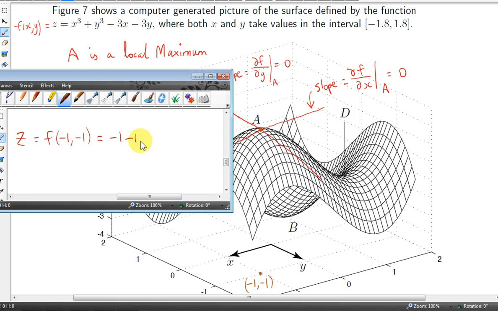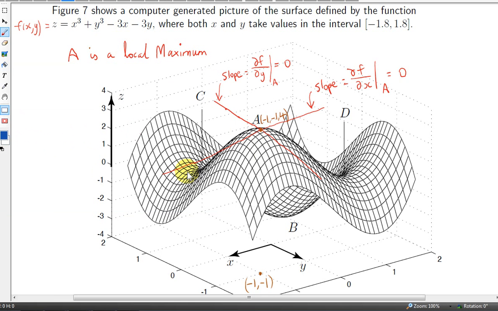Minus 3 times minus 1 is plus 3. Minus 3 times minus 1 is plus 3. So we get 6 minus 2 is 4. So it appears that the coordinates of A are minus 1, minus 1, 4. Okay, we could determine that from this graph, but later on we will see how to classify stationary points using a mathematical method.